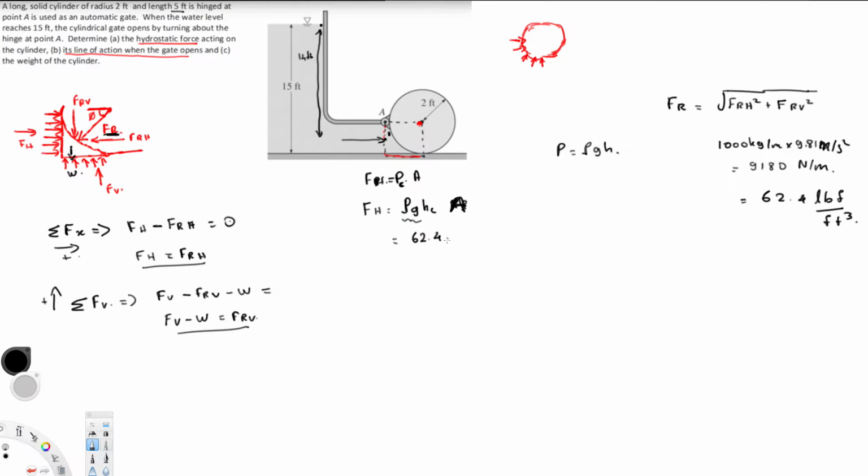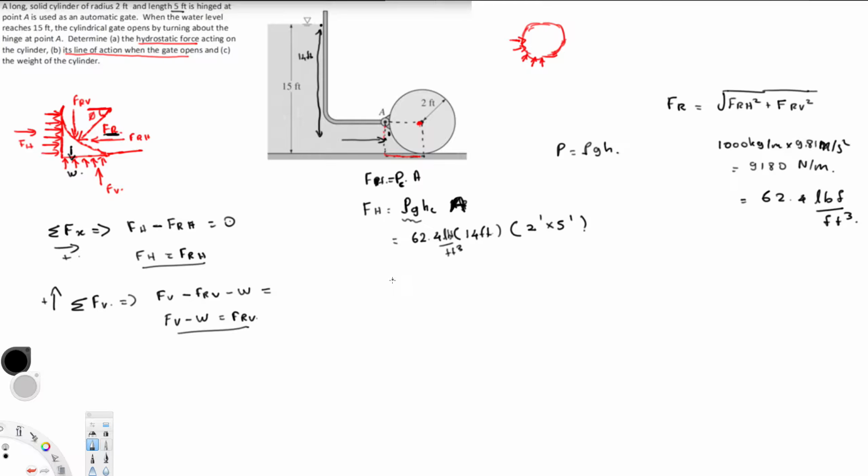62.4 times the height of the centroid, that's going to be 14 feet. Let's put the units. So this is pound force per feet cube times 14 feet times the area, which is 2 times 5.